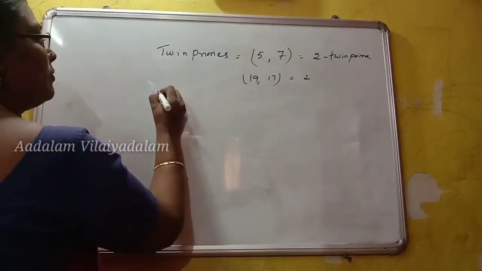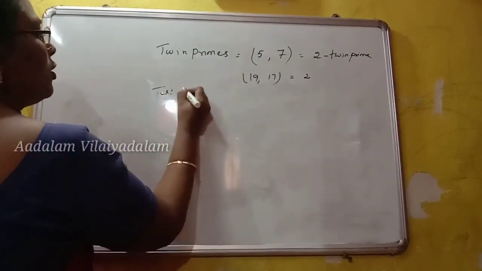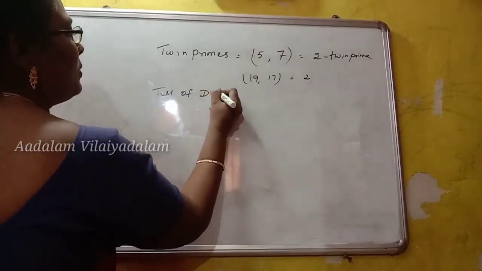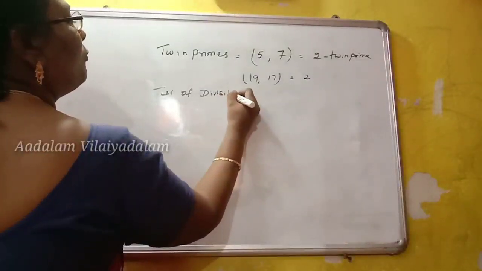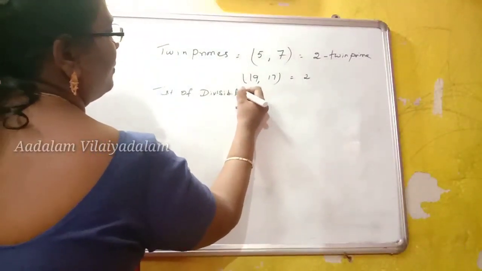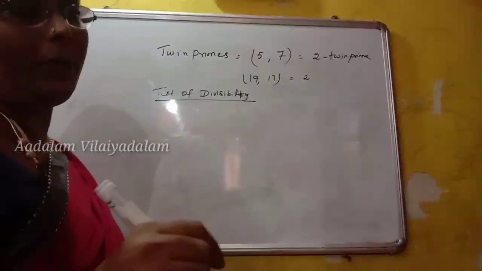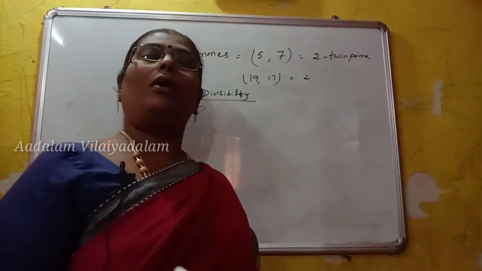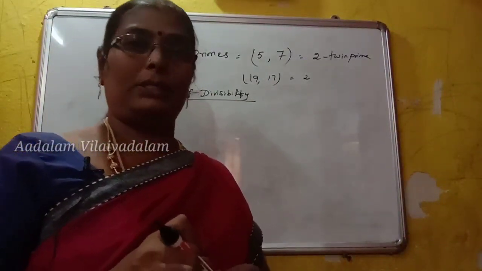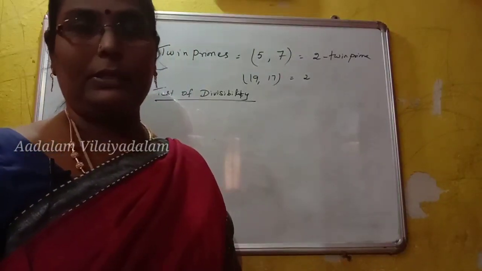The next heading we are going to cover is the test of divisibility. What is meant by test of divisibility? For what purpose are we using it? For multiplication and division, we use the tables, isn't it?